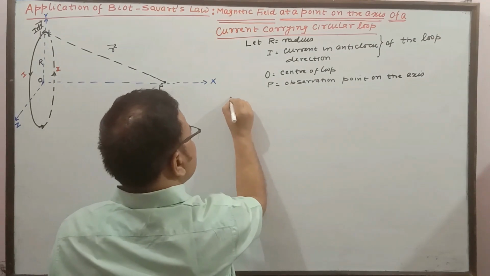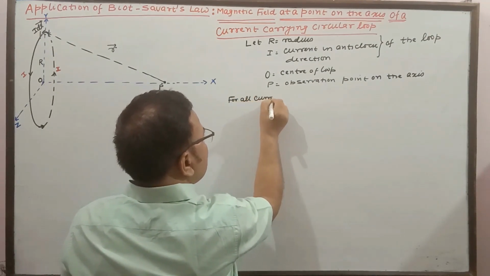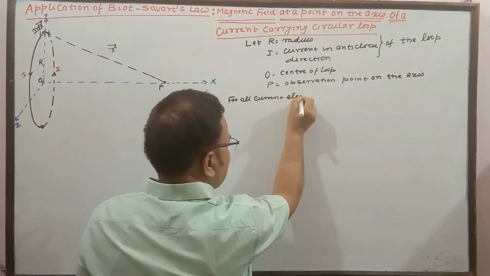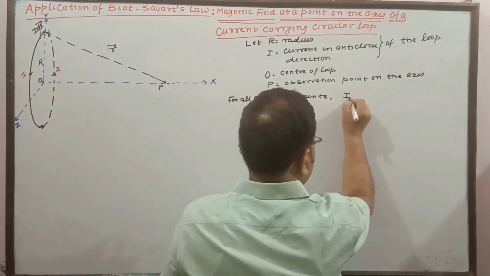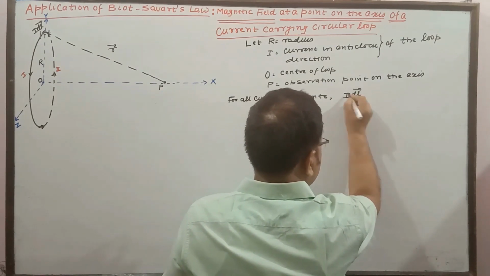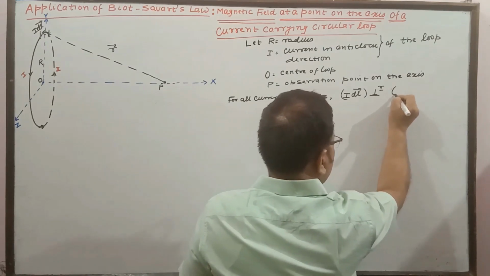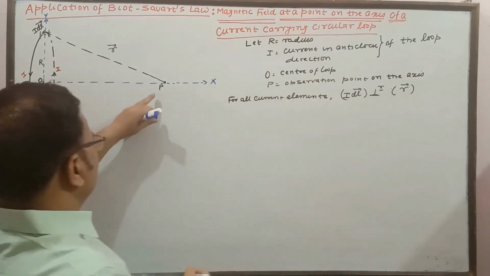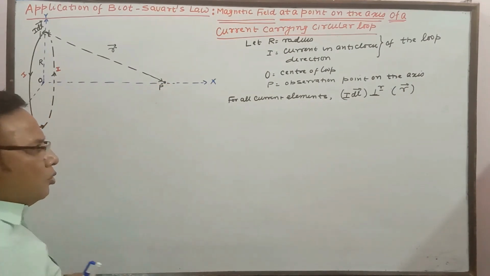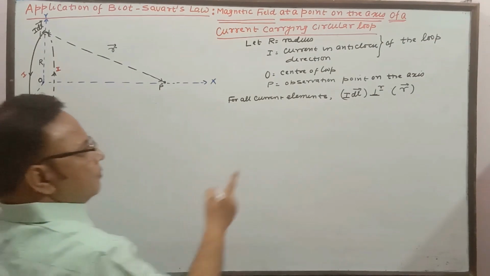This is true for all such current elements. So we can write that for all current elements, I dl is perpendicular to the r vector, and this r is the position vector of P, also known as the displacement vector in some books.